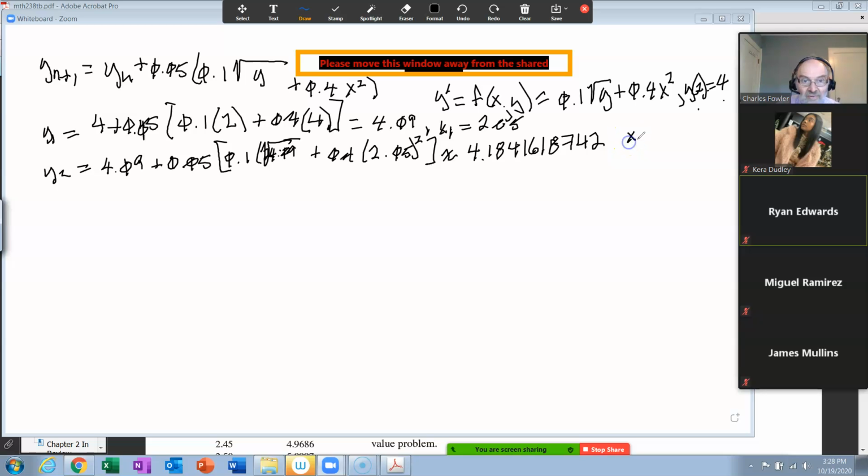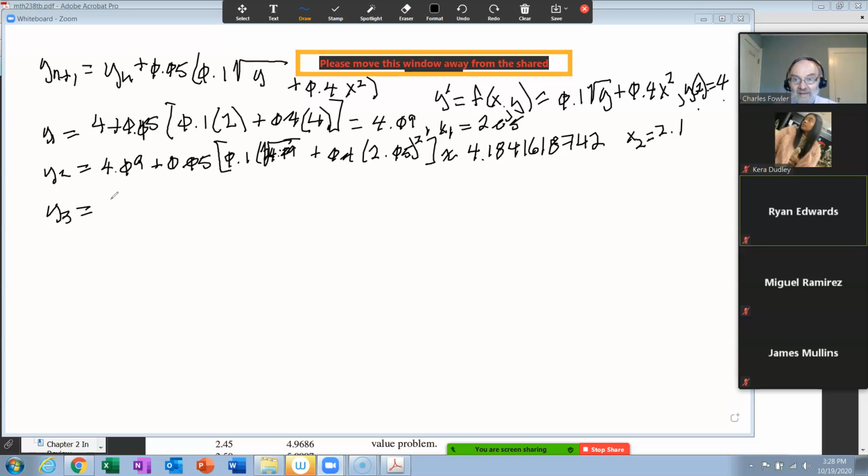Your x2 would be 2.1. So this is a little bit greater than the 4.18 that we had when we were one step size away before. That was at 2.1. So let's move on to y sub 3. And that would be that y sub 2. I'm not going to write it all down, but I've got it here on my calculator screen.